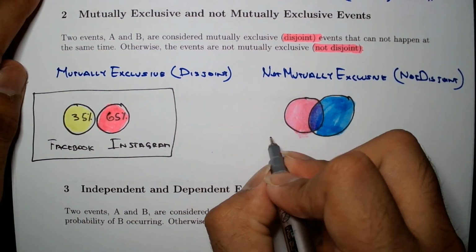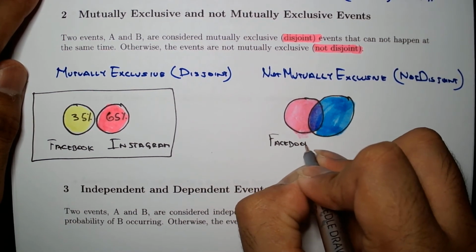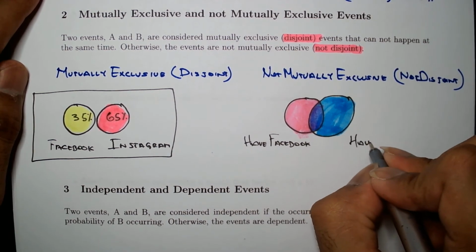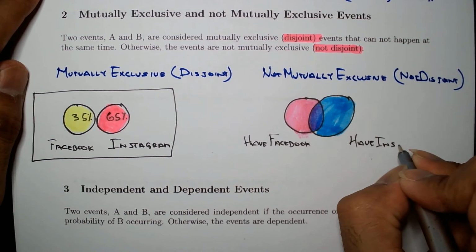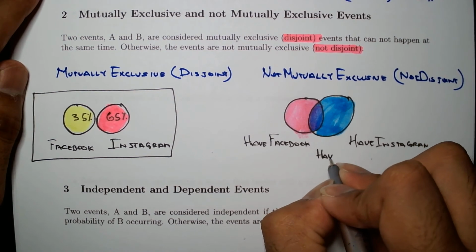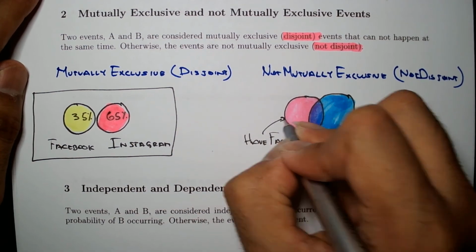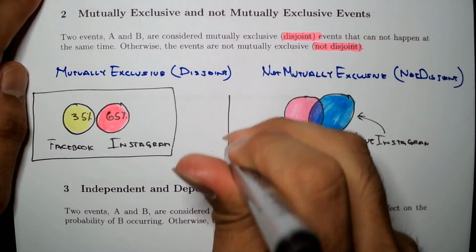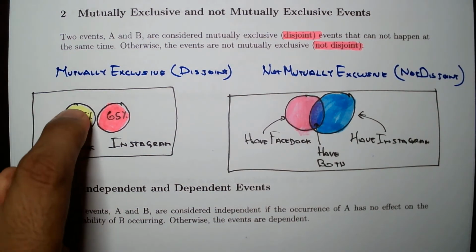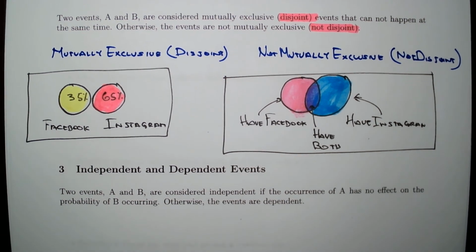All right, so Facebook, Instagram and have both. Is have both, have Facebook, have Instagram. All right. So that's how we do the mutually exclusive and the not mutually exclusive.